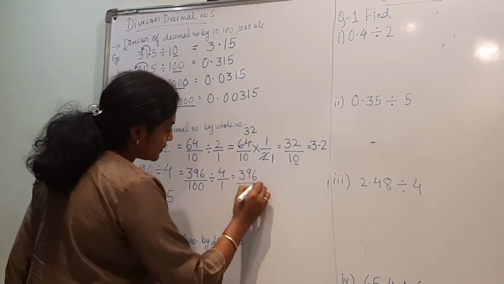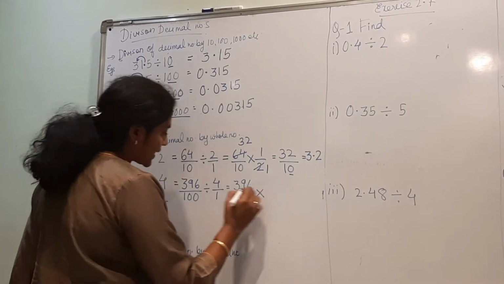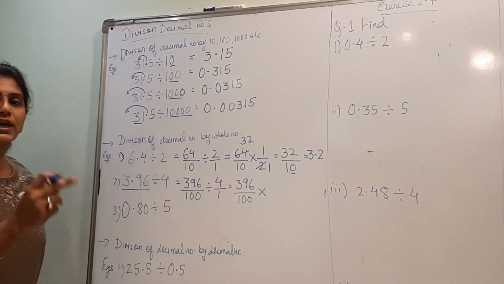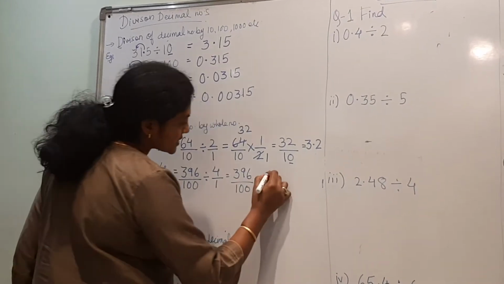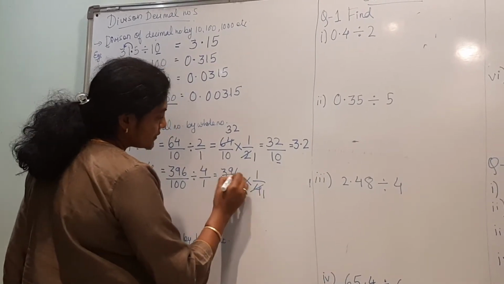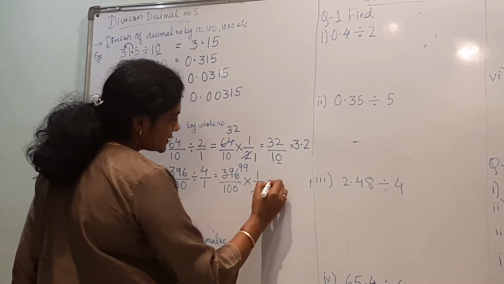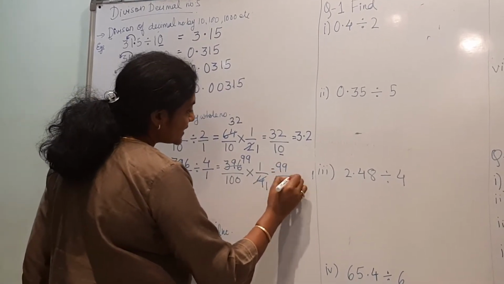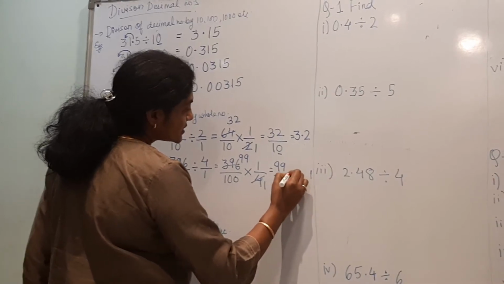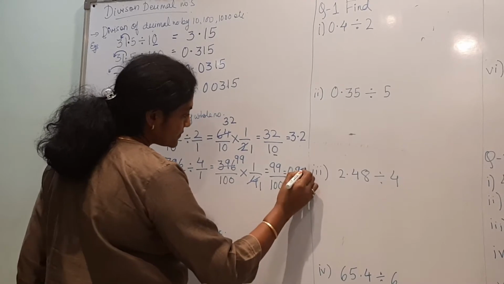The first fraction will remain as it is, multiplied by the reciprocal of the second fraction. Now it goes directly, 4 9s are 36, 3 9s are 27. So this will be 99 by 100.